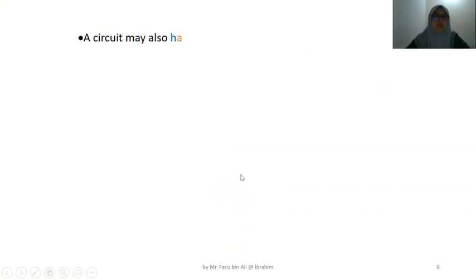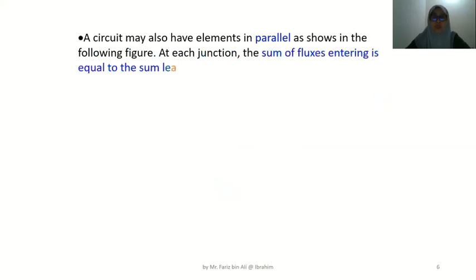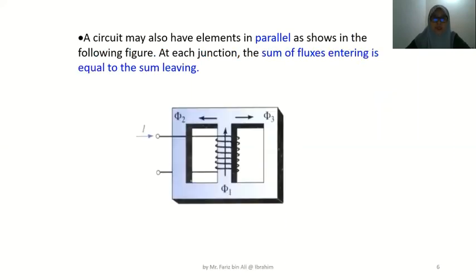A circuit may also have elements in parallel, as shown in the figure. At each junction, you have these two shapes here, so we can consider it as a series and parallel circuit.